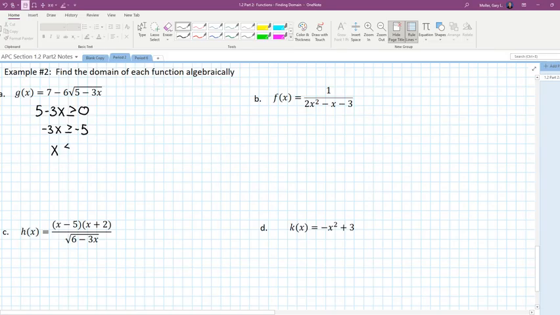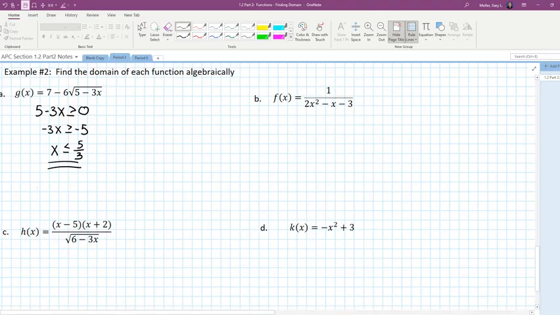I'm going to flip the inequality because I'm dividing by a negative, and I get x has to be less than or equal to 5/3. You'll often see me put a double line under the conclusion of work, but not a box, because that's not the answer.